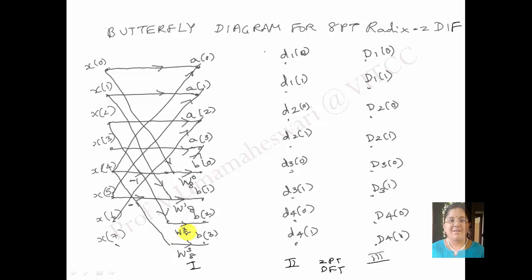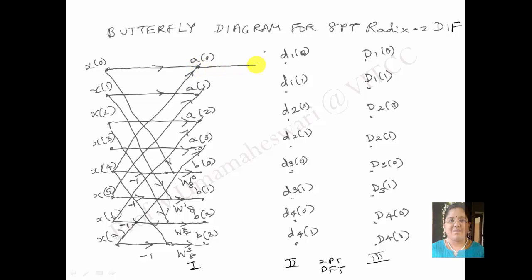Ultimately, what I'm trying to convey is B of 0 will be x of 0 minus W_8^0 x of 4. B of 1 will be x of 1 minus W_8^1 x of 5, and so on. Do you understand?